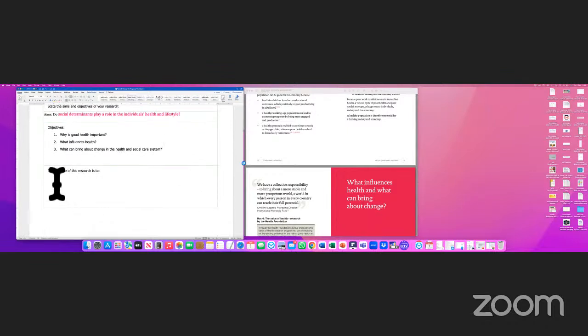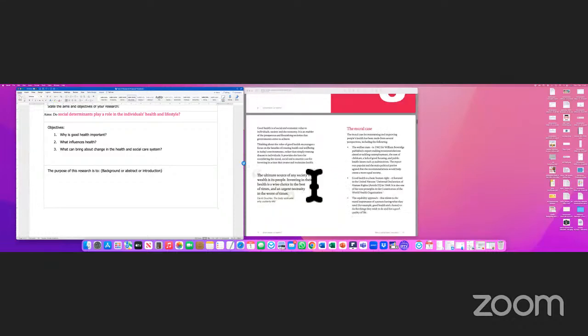Now, the purpose of the report will come from either the background or the introduction given in the report. In some cases it's going to be the abstract or the introduction, because that is where it tells you why the researcher is carrying out this research.